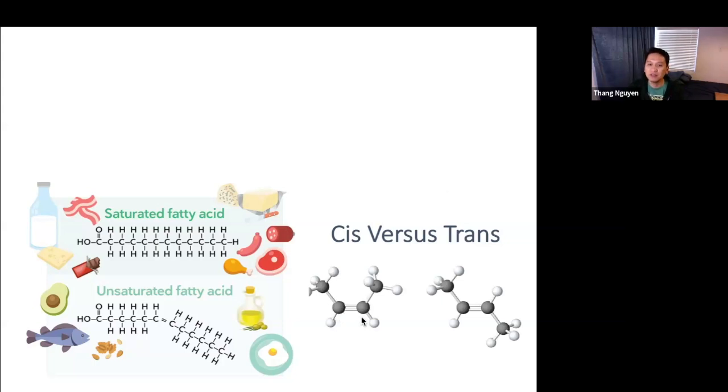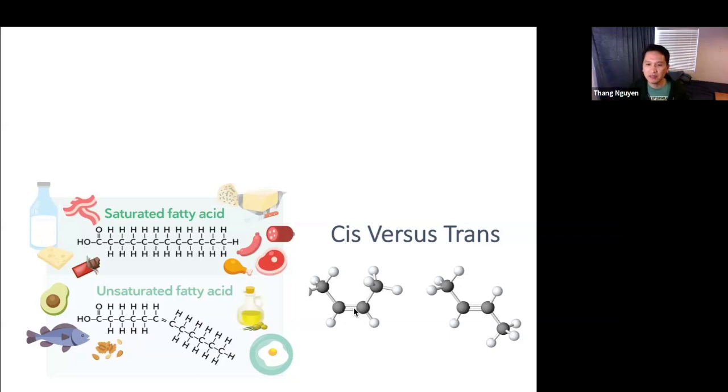Okay, so when you have a double bond, notice that in a single bond, it is free to rotate. So this molecule can rotate around. If this hydrogen is facing you right now, and this single bond can rotate, this hydrogen can be facing opposite of you, away from you.